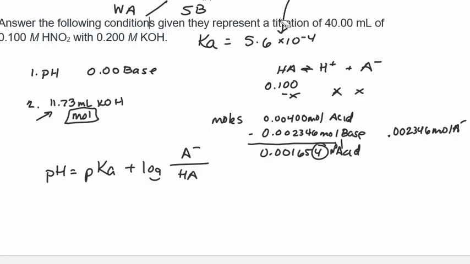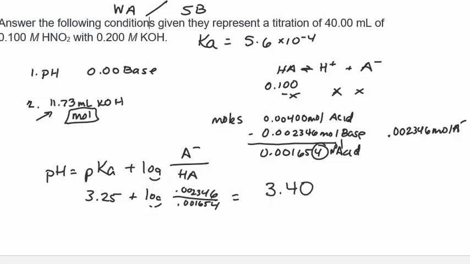So I get a pKa here of 3.25. And then in my calculator, I'm just going to use the moles. 0.002346 and 0.001654. Calculate all that together, and I get a pH value of 3.40 after 11.73 milliliters of KOH have been added to my weak acid solution.